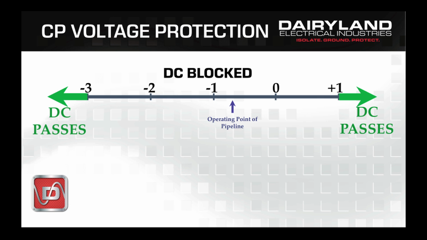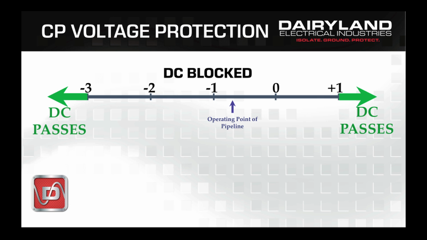However, it's typically about where I have an arrow labeled operating point. Within this operating region, which is illustrated here by a central gray area, we don't want our decoupler to actually be passing any DC current off our pipeline. We want the DC to be blocked.